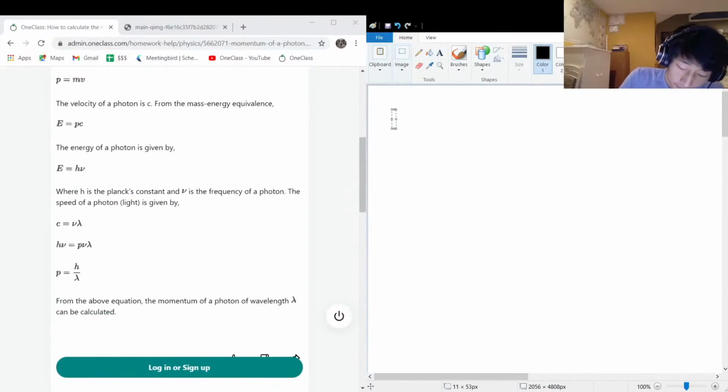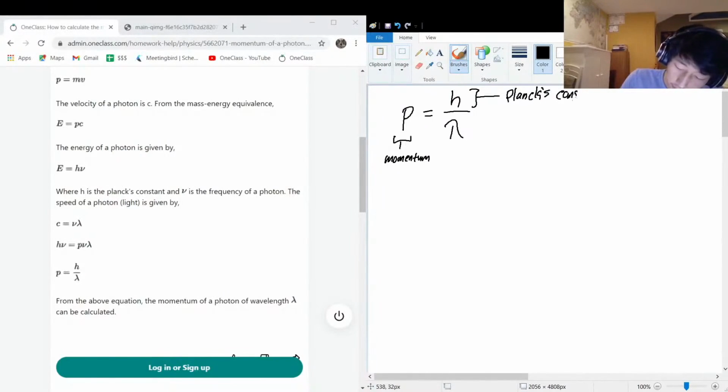The momentum p is equal to h divided by wavelength, where p is the momentum, h is Planck's constant, which is 6.626 times 10 to the negative 34 joule, I think it's joule seconds.